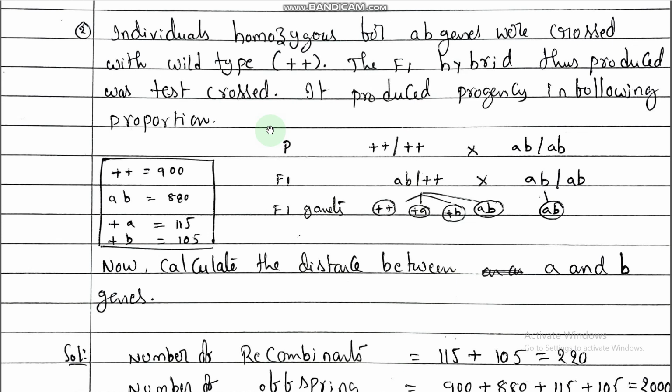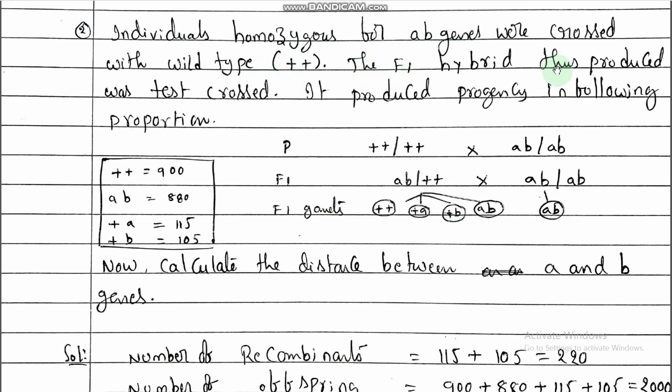See here, an individual homozygous for a, b genes, small a, small b, means recessive genes, was crossed with wild type plus. Wild type means dominant. a, b genes are crossed with plus genes. So a, b means recessive and plus dominant. Okay, right. Up to this understood?